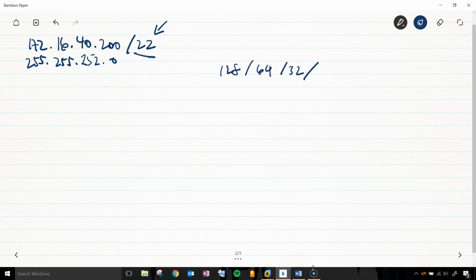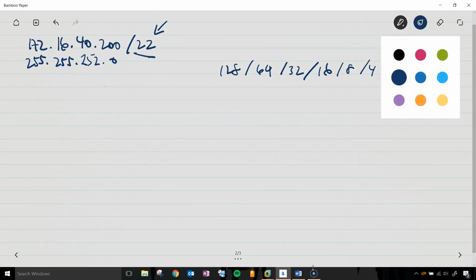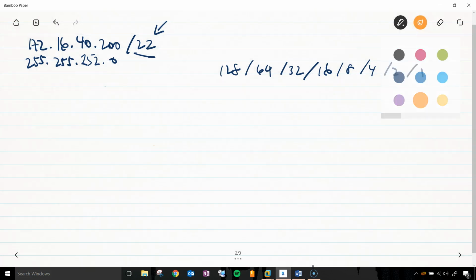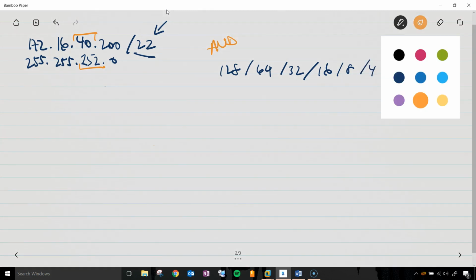So we still have to convert decimal back to binary again. Okay, and this time, right where the network and host portion splits, right here, and the number above it. This is where we're interested. And so we're going to do another AND operation between those two numbers.